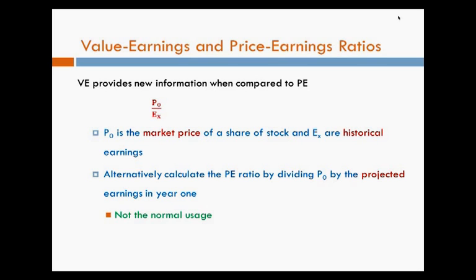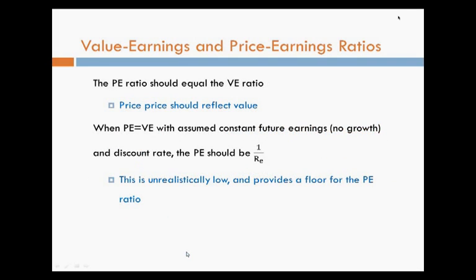You don't normally see people taking the price divided by next year's earnings, or next quarter's earnings. It's what the market is doing, reporting last quarter's earnings. In an ideal world, once you get the apples to apples comparison going, the PE and the VE ratios should equal each other, meaning the market has figured out the value.